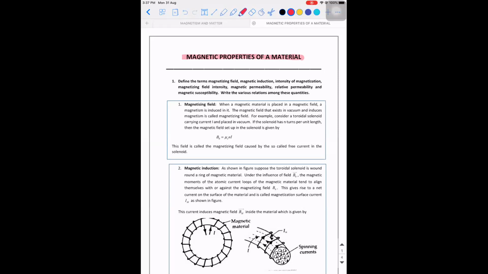We need to understand what a magnetizing field is, what magnetic induction is, similarly intensity of magnetization, or magnetization, magnetizing field intensity, magnetic permeability, relative permeability, and the last one, magnetic susceptibility. Also, we will look at certain relations among these quantities, and how they are interrelated to each other. I hope it is clear, right?